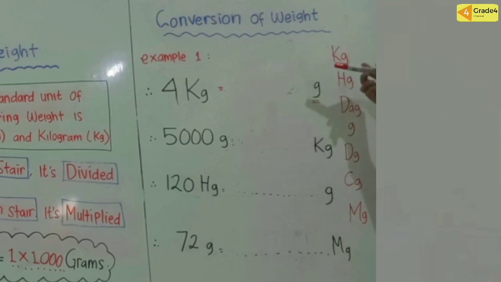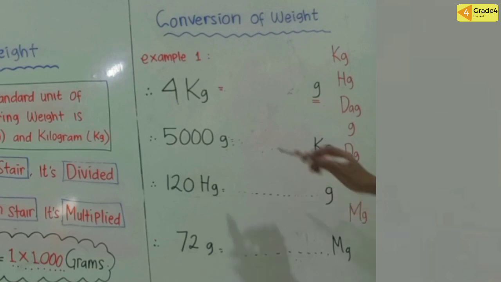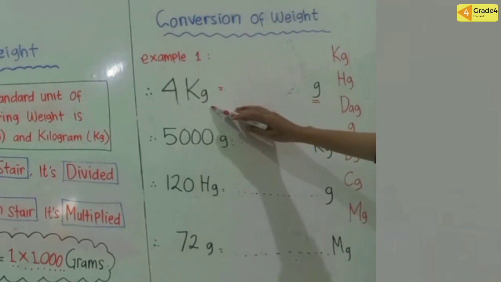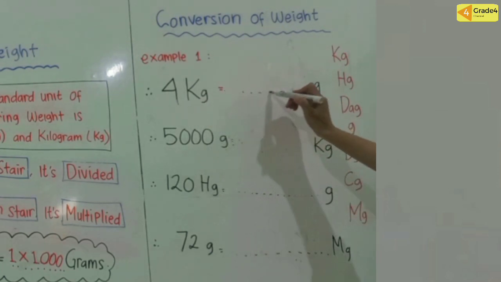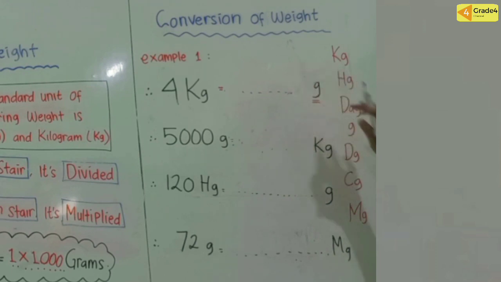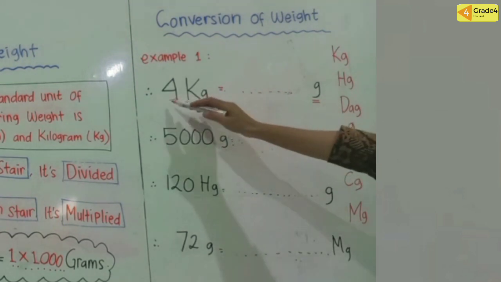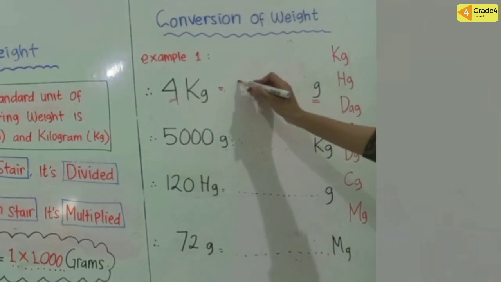Okay, next it's about how to convert weight. For the first example, I have 4 kilograms equal to how many grams? The first step is you must write down the value 4.